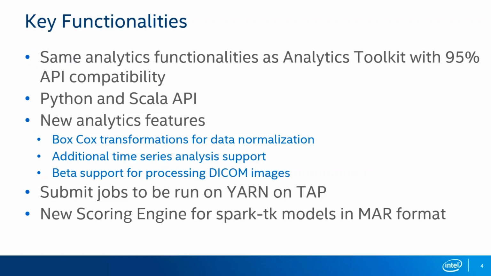So the first question is, how does it compare to ATK? If you compare the current version of ATK versus the current version of Spark TK, 0.73, they have the same functionality, and they have 95% API compatibility to make the switch as easy as possible. ATK has a Python API only, and Spark TK, being your typical Spark library, has both Python and Scala.